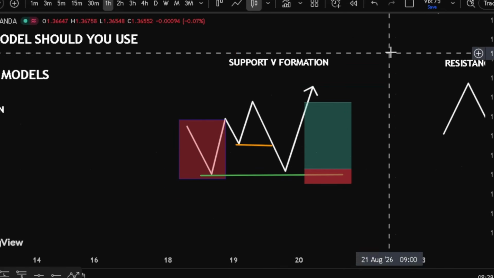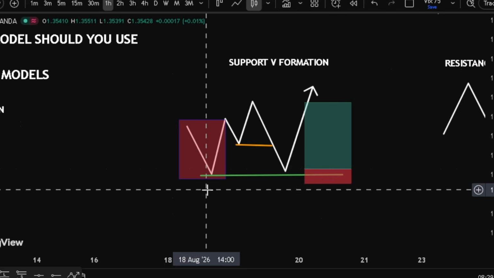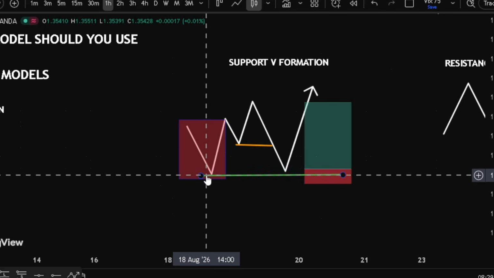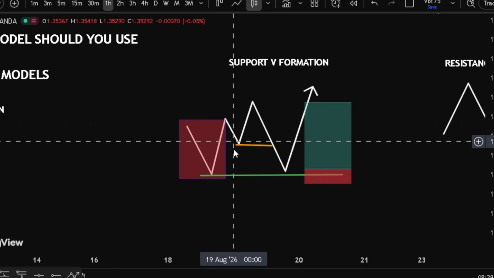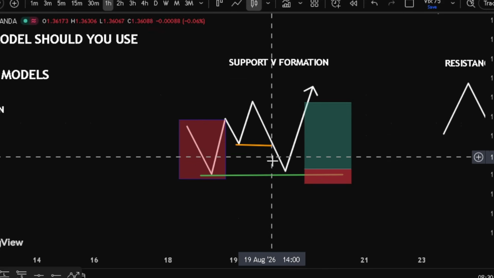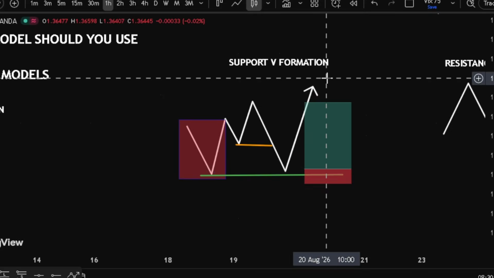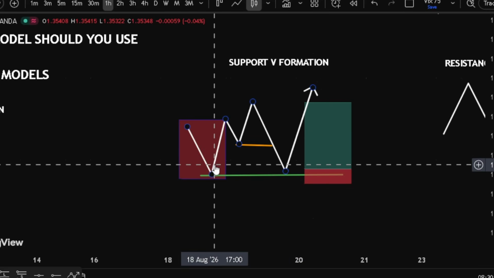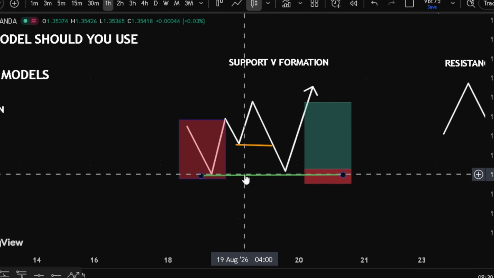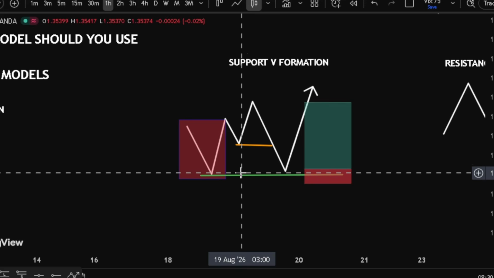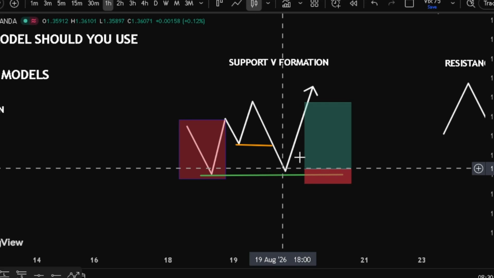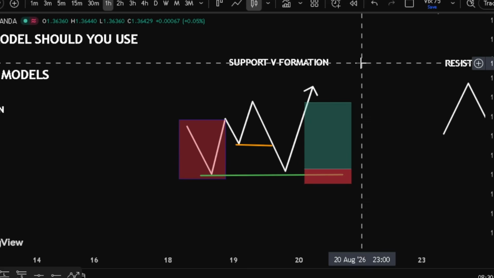Remember, with the support V formation, you identify where price has formed a base, gives you liquidity, and then pulls back into the key level and takes up a buy. In basic market knowledge, it's known as the double bottom. So that is a buy setup for the support V formation.